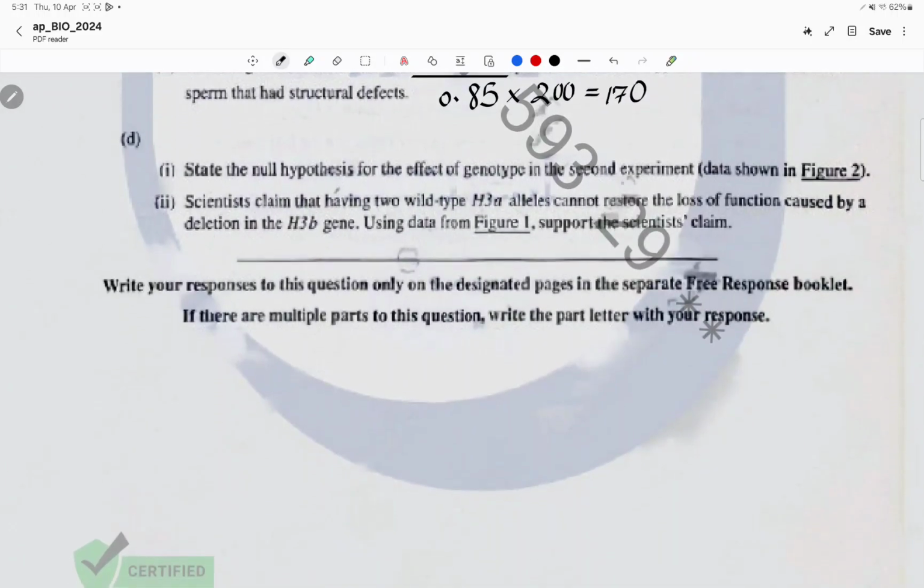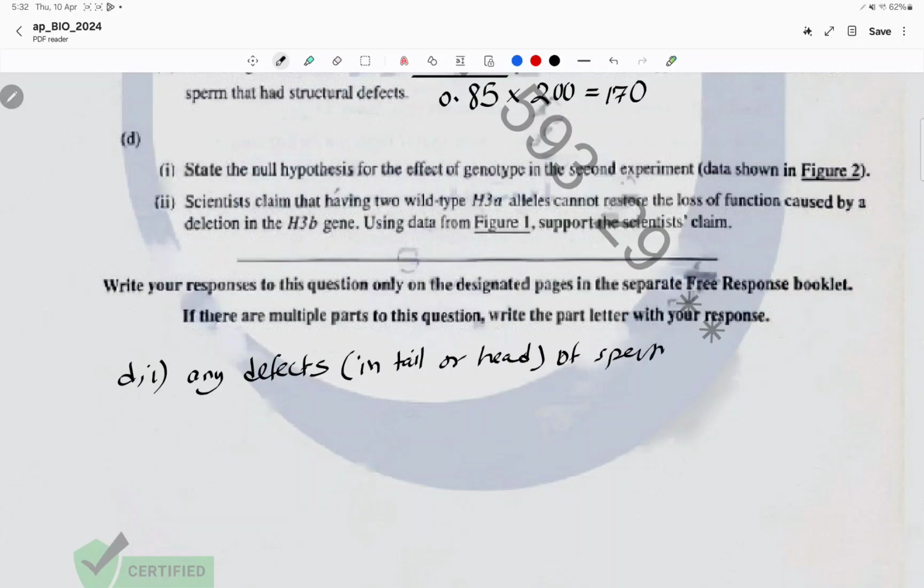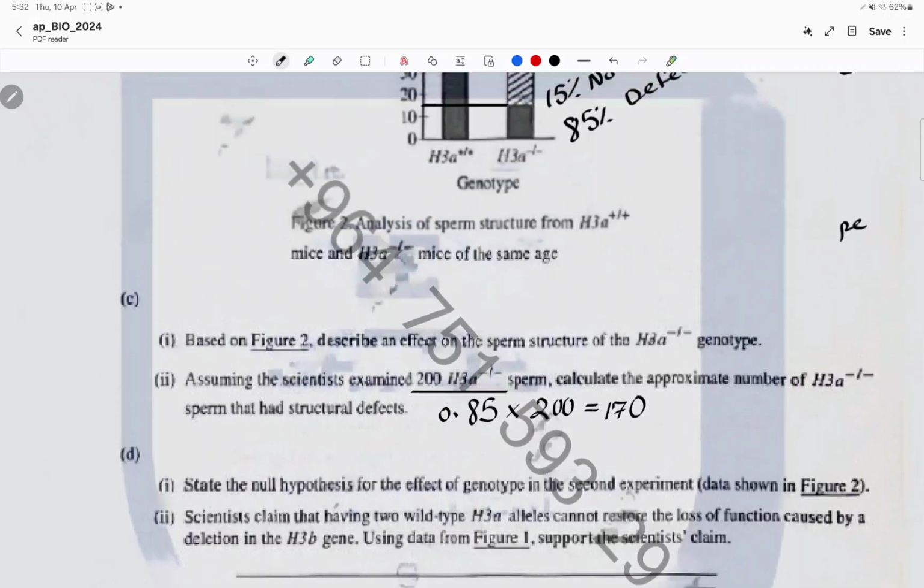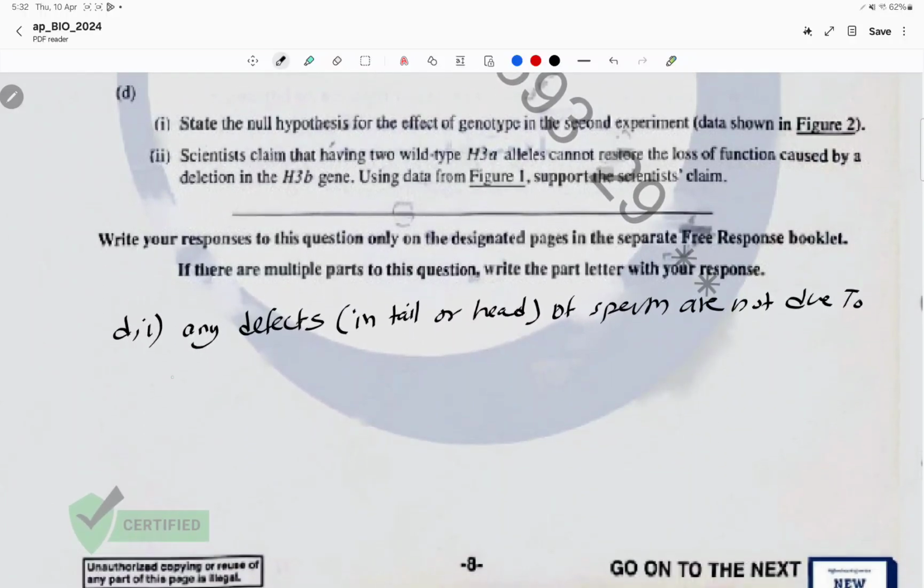Or basically you could say any defects or lack of any defects in tail or head of sperm are not due to the H3A genotype.